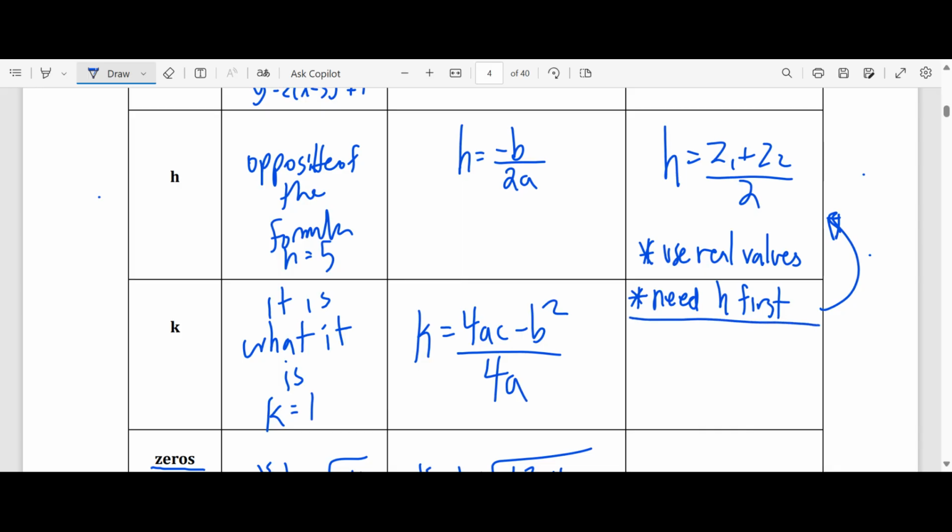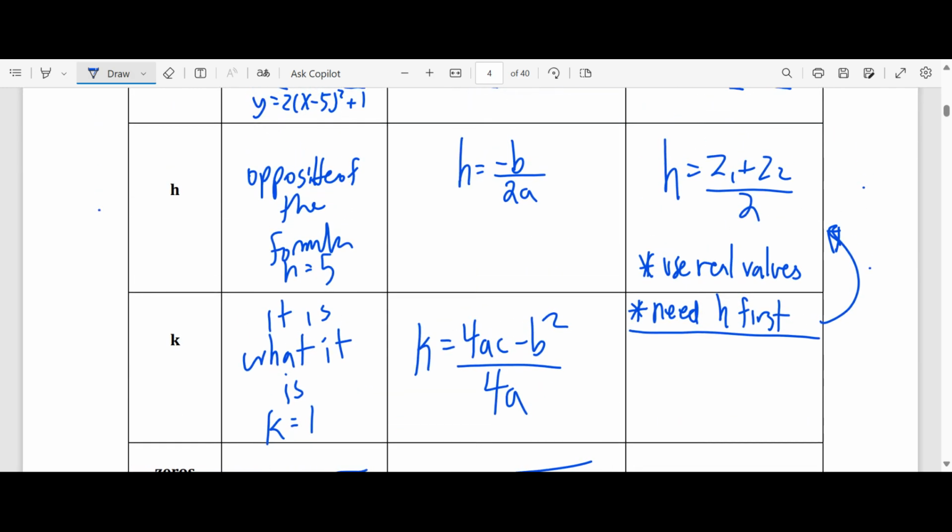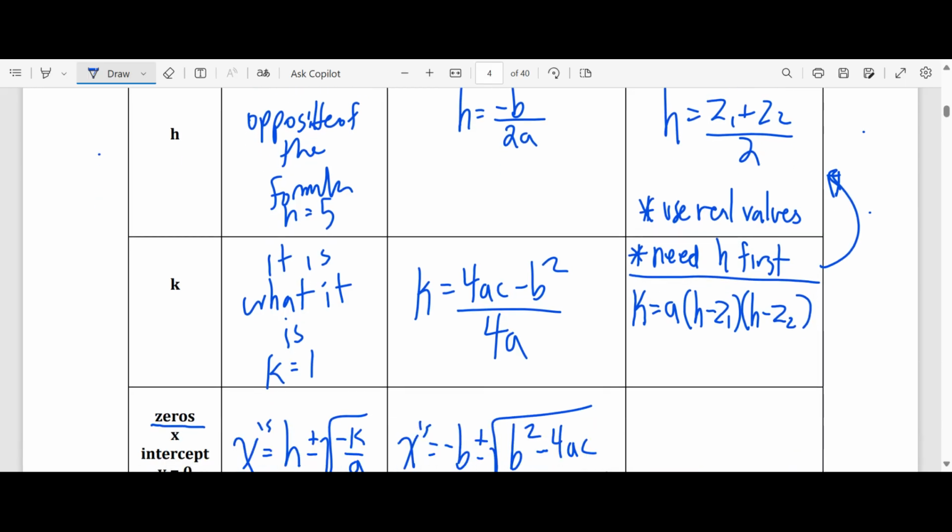Okay? And then this next part is up to you. Don't write it down yet. You decide what makes sense for your brain first. So you can write it out like this. K will be equal to A, H minus Z1, H minus Z2. Okay? You can write it out that way. Or you can just know, once I get H, I'm literally just plugging in the X value. H is an X value.